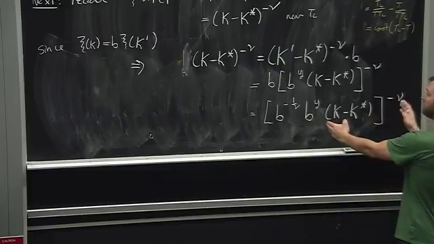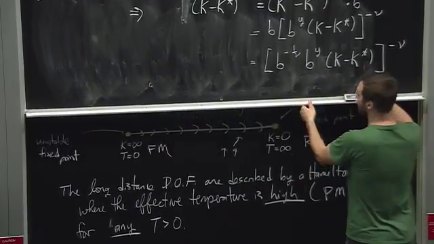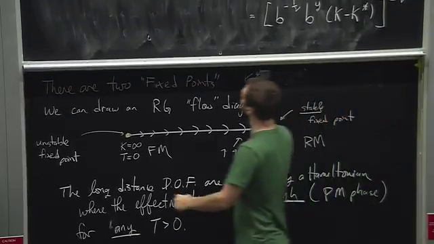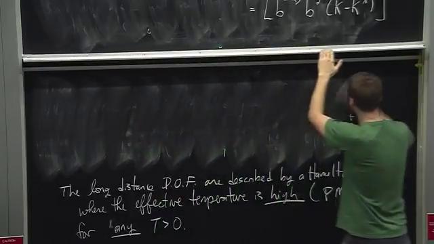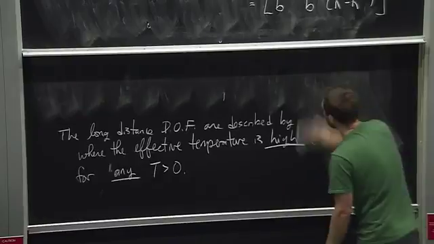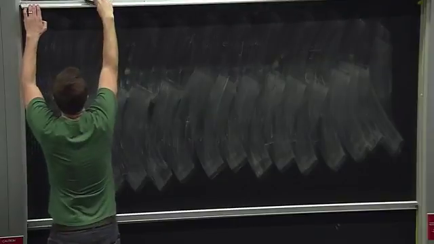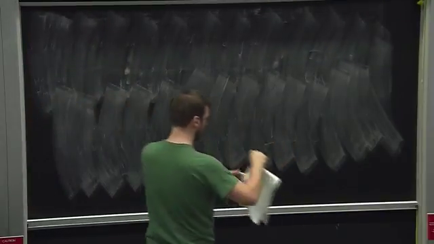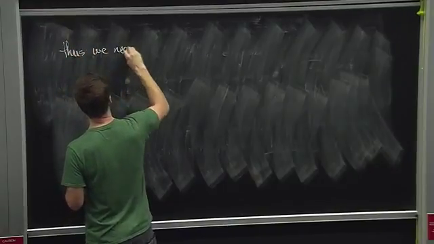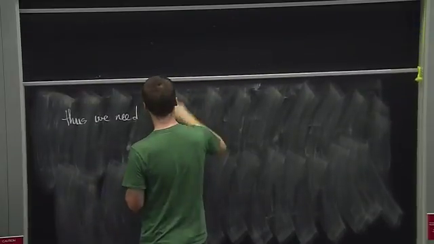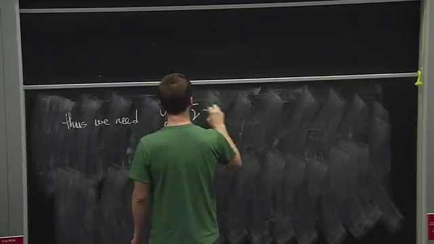Okay, so I have left-hand side and right-hand side. That gives me a constraint on b to these powers. They basically have to be 1. So y minus 1 over nu is equal to 0, right?